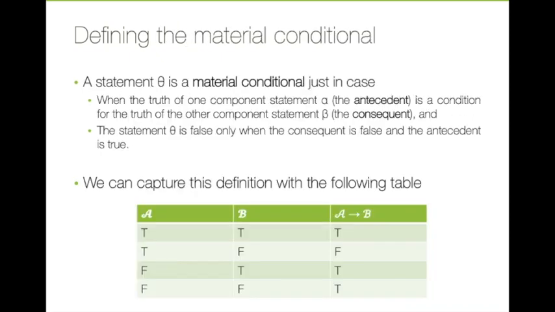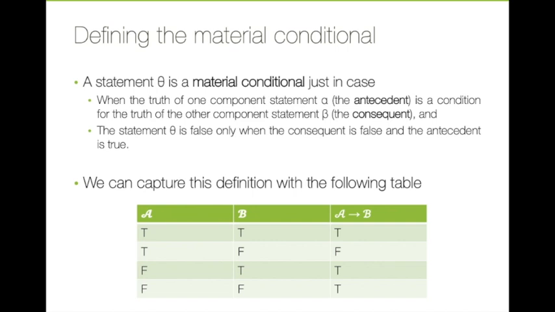Now we're going to look at the material conditional. I want to flag that people find this one's characteristic truth table a bit more puzzling. I'll make some effort to motivate it, but you're also going to have to make an effort to just memorize it.